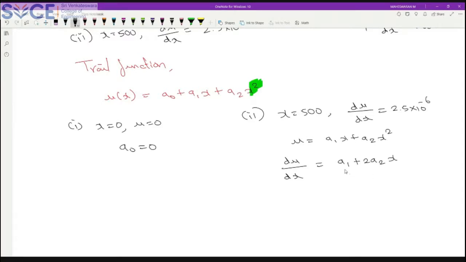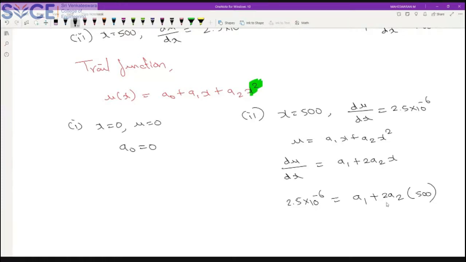So in this, I have to substitute. When x is equal to 500, du by dx is 2.5 into 10 power minus 6. So when I substitute here, 2.5 into 10 power minus 6 is equal to a1 plus 2a2 into 500.